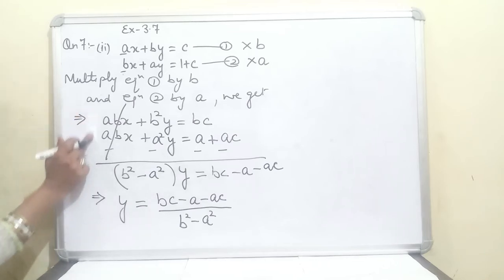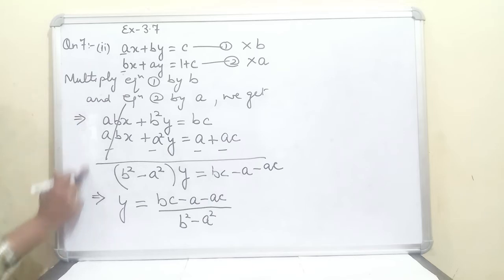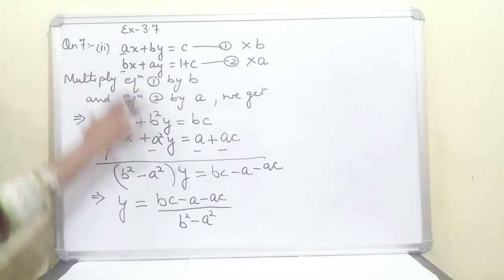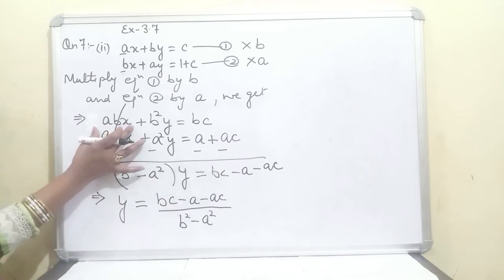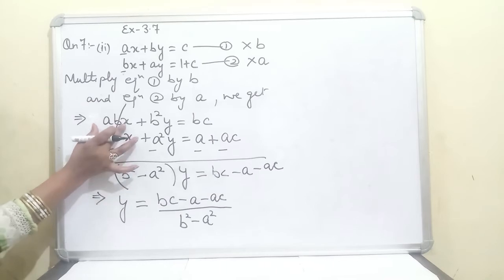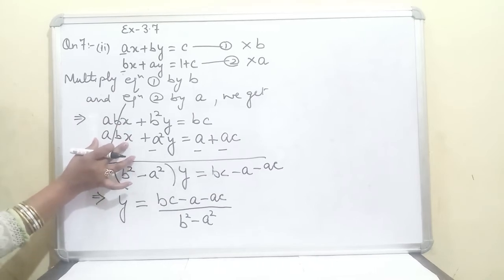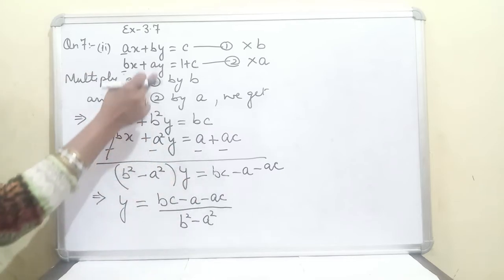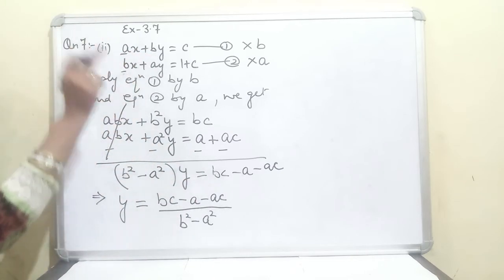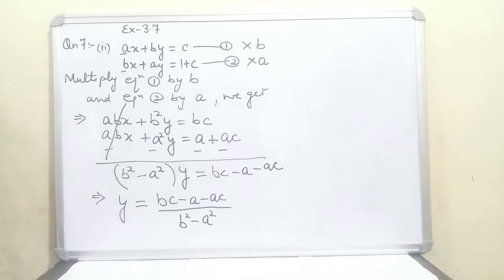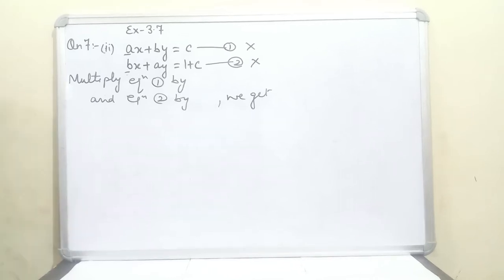I'll just apply this elimination method once again. In the same way as we have done here, where we made the coefficient of x equal, this time we'll make the coefficient of y equal. So first note down the value of y and then we'll solve for x.